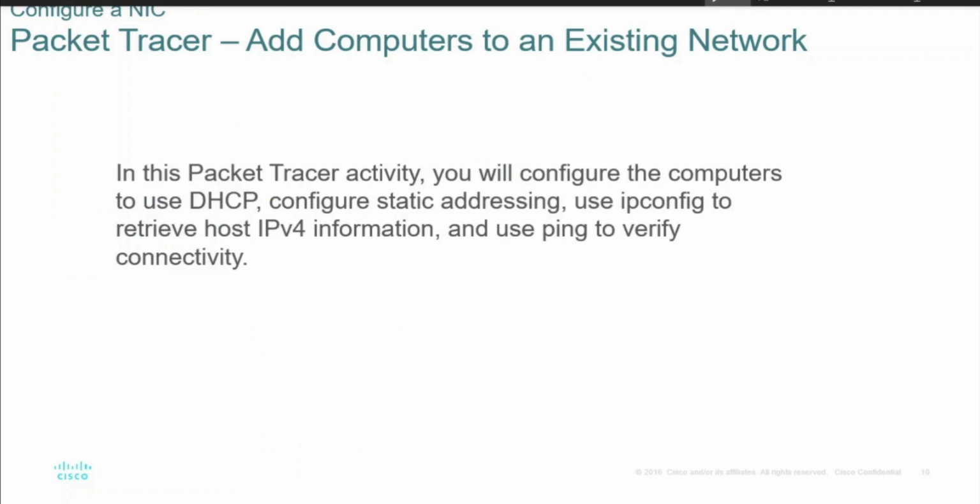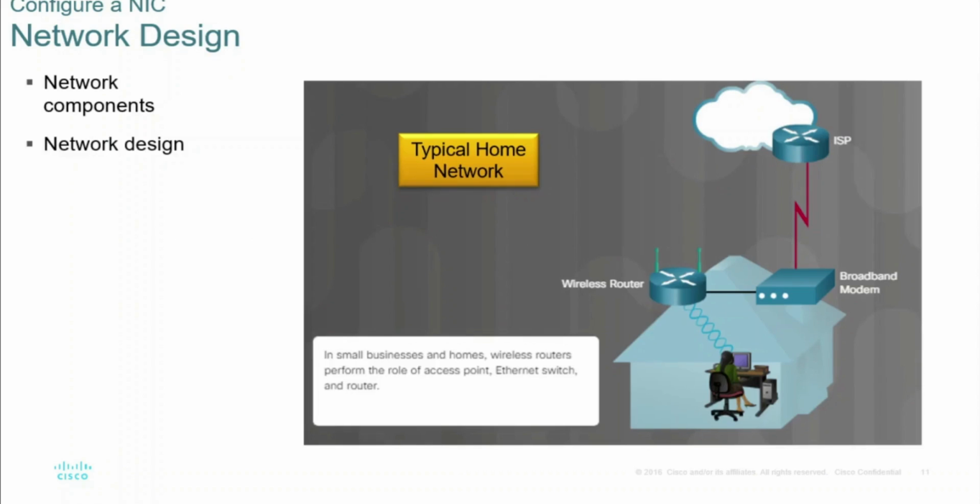Okay, now to simulate a network, we use a common tool known as Packet Tracer. In the last chapter I gave a demo of Packet Tracer, which helps you add any number of computers, switches, and routers, and configure an NIC. What is meant by NIC? It's known as Network Interface Card.